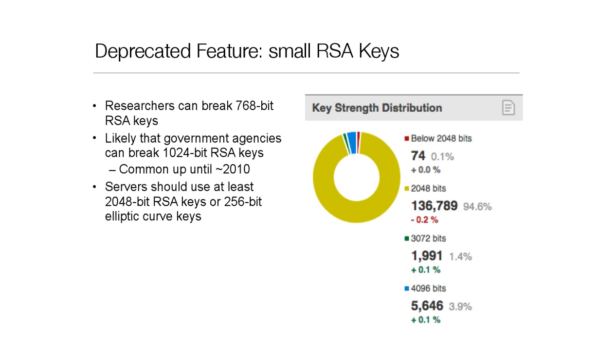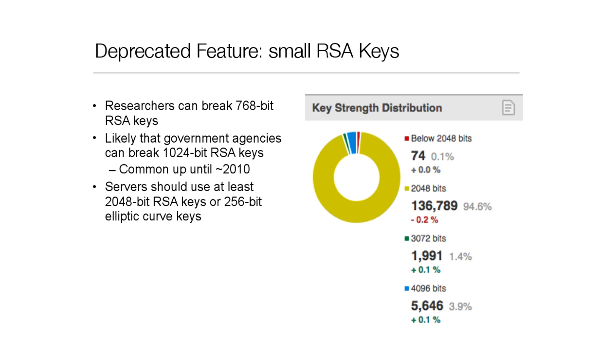Another consideration is deprecated features, like small RSA keys. We know that to get the maximum benefit of the RSA signature scheme for authentication, we have to have the RSA key length at a certain size. So below 2048 bits, it is not going to be that secure. Researchers can break 768-bit RSA keys.